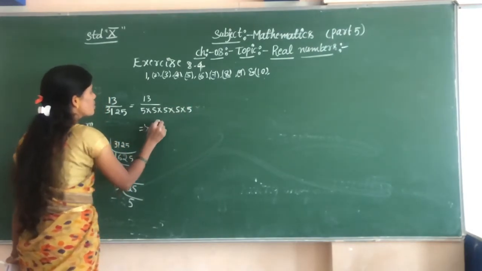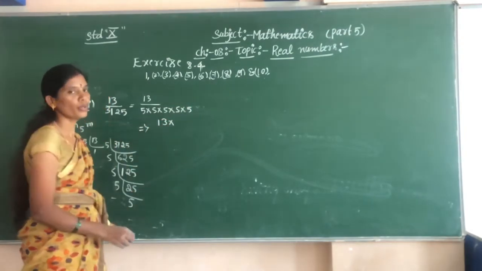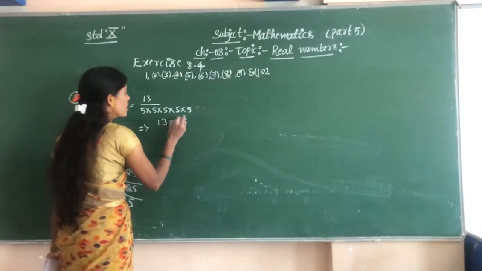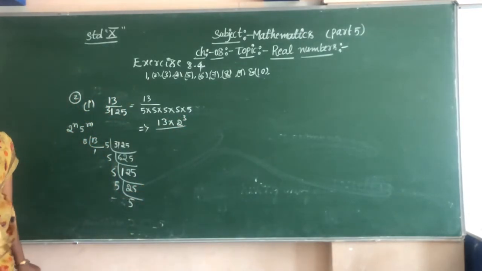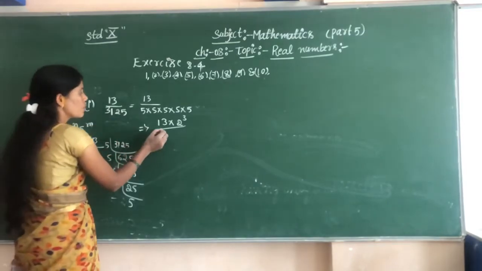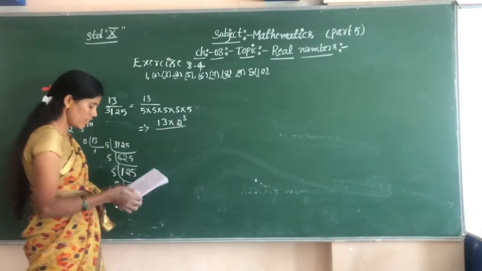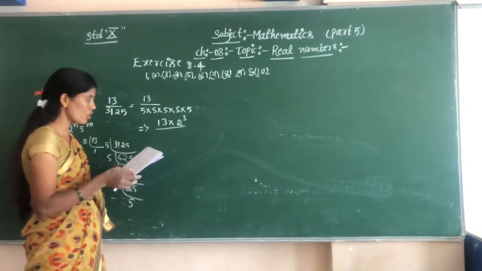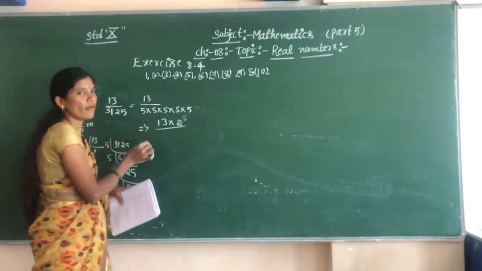Okay children, you see 13 into 2 to the power of 3. You see the example 1 in the first decimal expansion, now 2 to the power of n. So we should multiply by 2 to the power of 3, and 2 to the power of how many is there? 5.